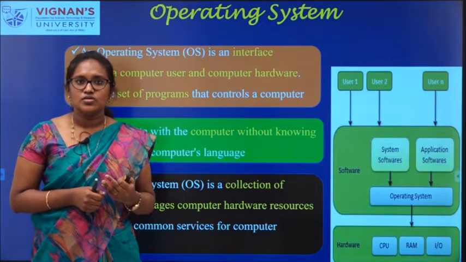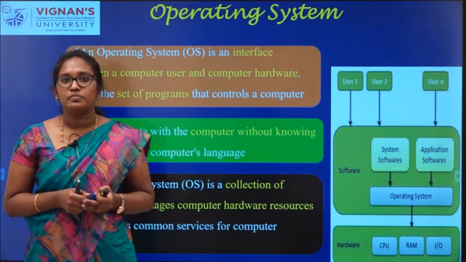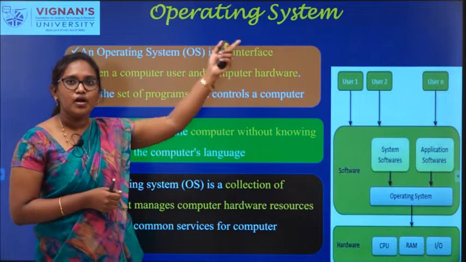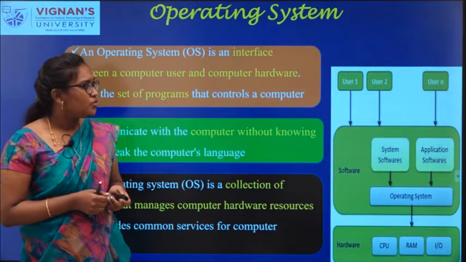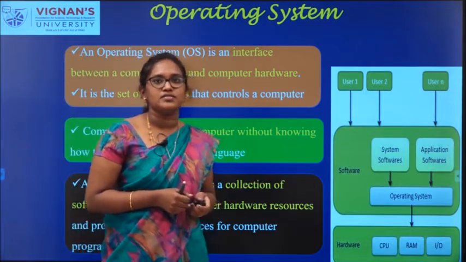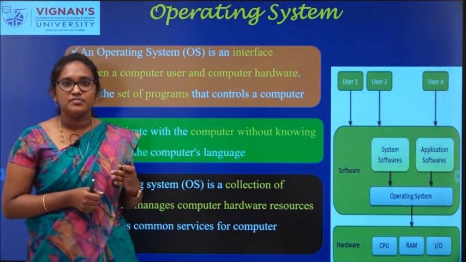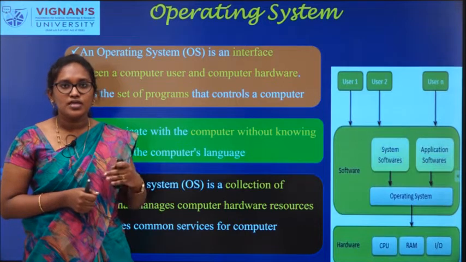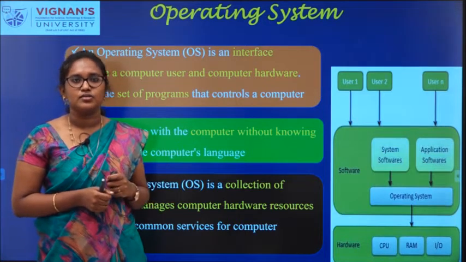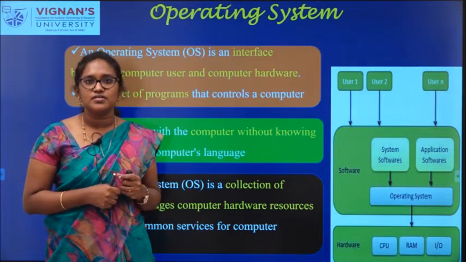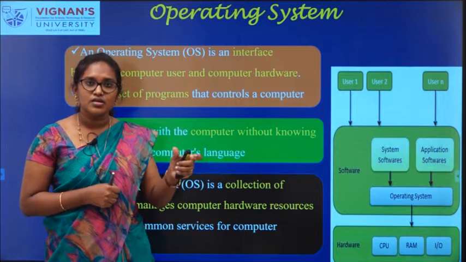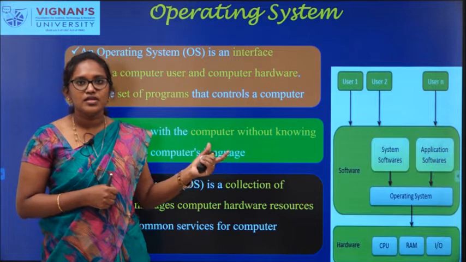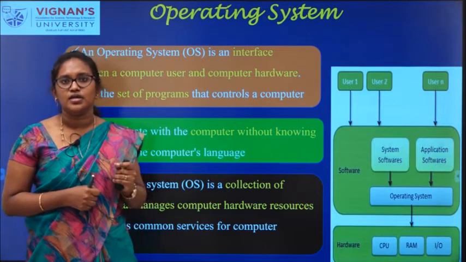Yes. So how does this communication happen? With the help of an operating system. What exactly is an operating system? An operating system acts as an interface between the user and the computer. It is a mediator between the user and the computer, right?